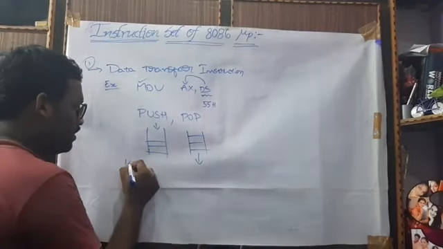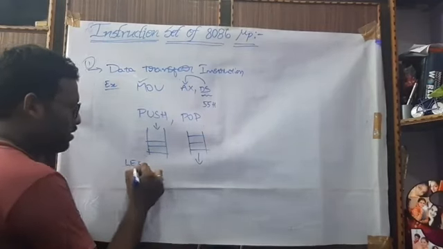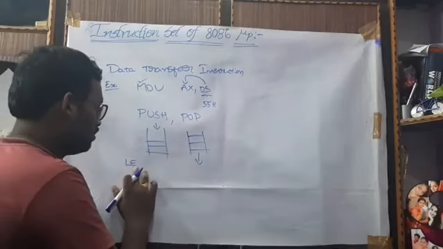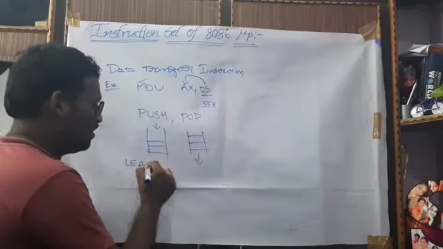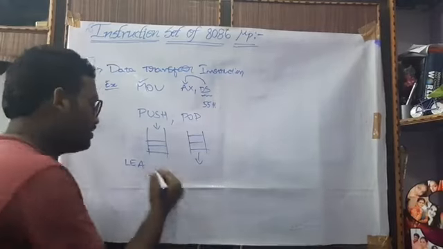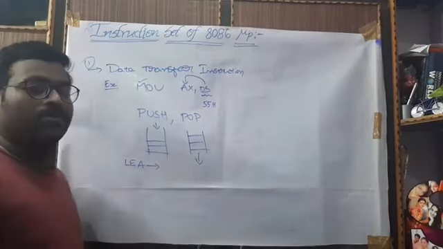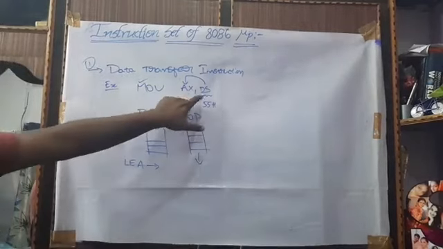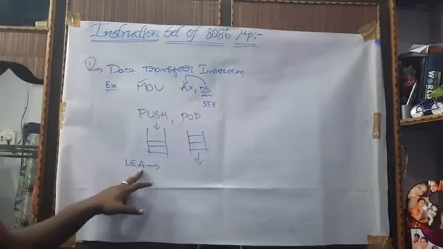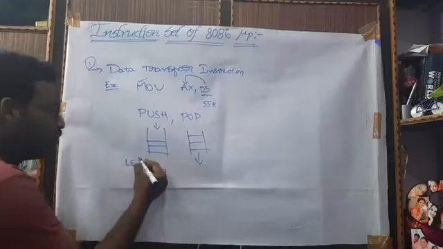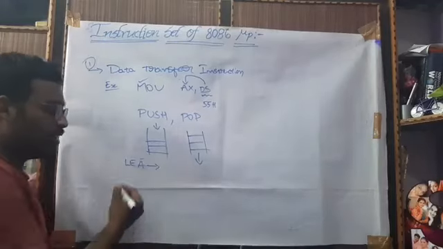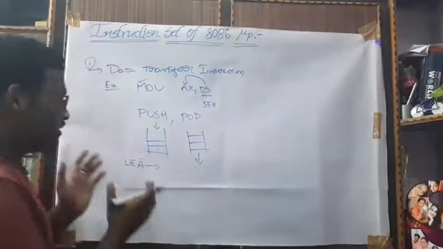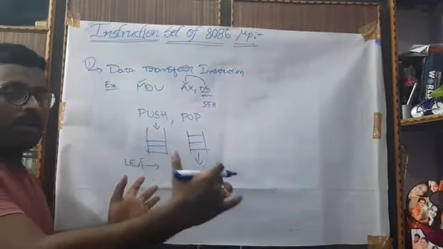Another one is LEA. LEA means load effective address. So we are not only moving the data, we can move address also. We can move address contents also. Load effective address means we are loading the address content from a location.